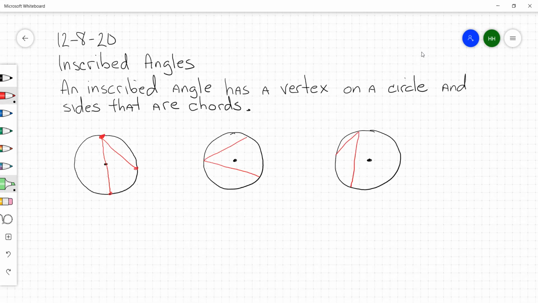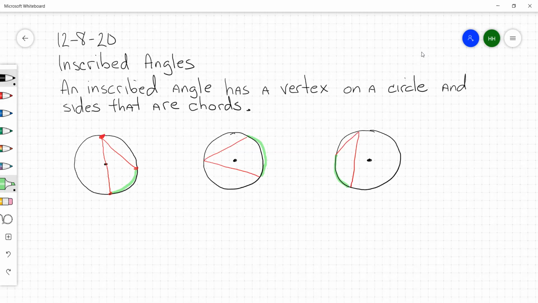All right, and in this case, the center of the circle is outside the inscribed angle. Now, in all these cases, these inscribed angles created an arc, didn't they? Right? Green arc here, green arc here, green arc here. All right? All three of those inscribed angles created an arc.